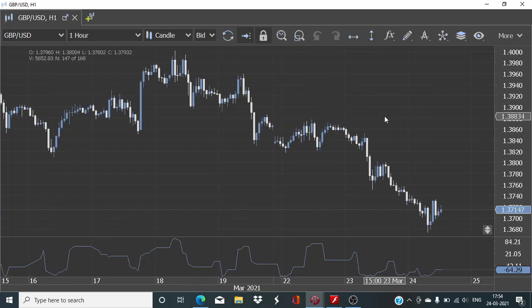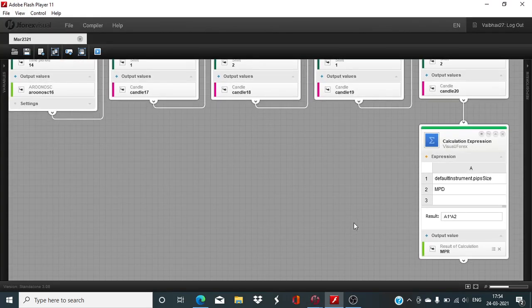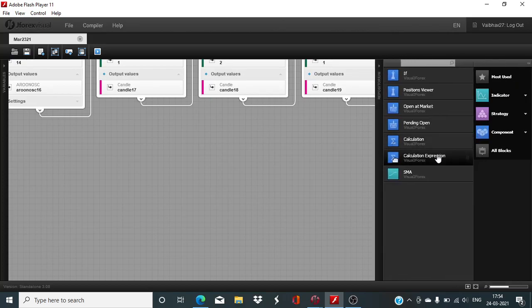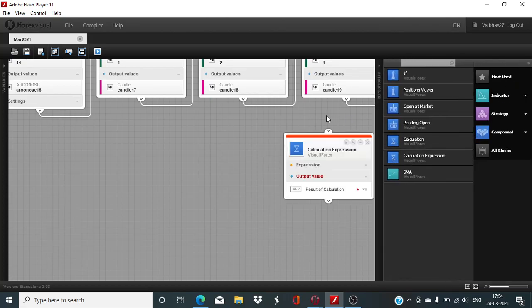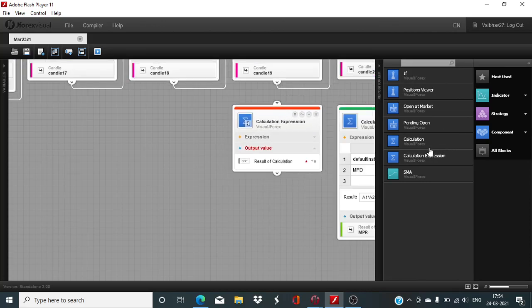So now we head back to the JForex board, and here I will have to do a couple of calculations to get the requirements in place.